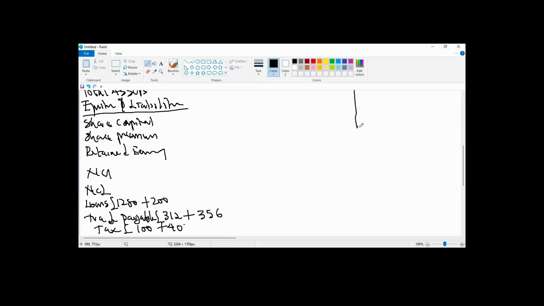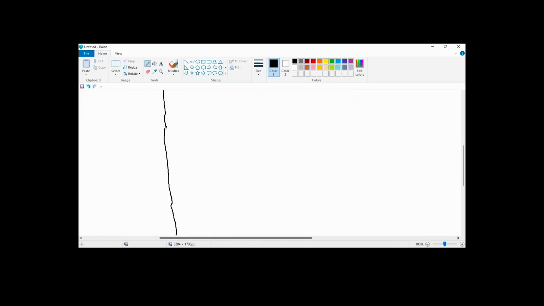Immediately after this, what can make me balance this question? Group structure, adjusted reserves.